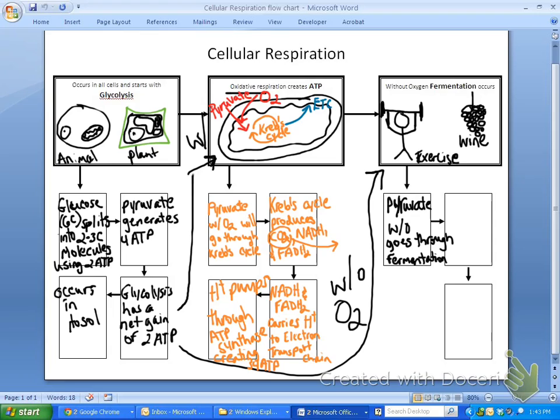Now, fermentation is basically two different ways. We can talk about the fermentation with the muscles, because we're working really hard, and fermentation that goes through the muscles is known as lactic acid fermentation.